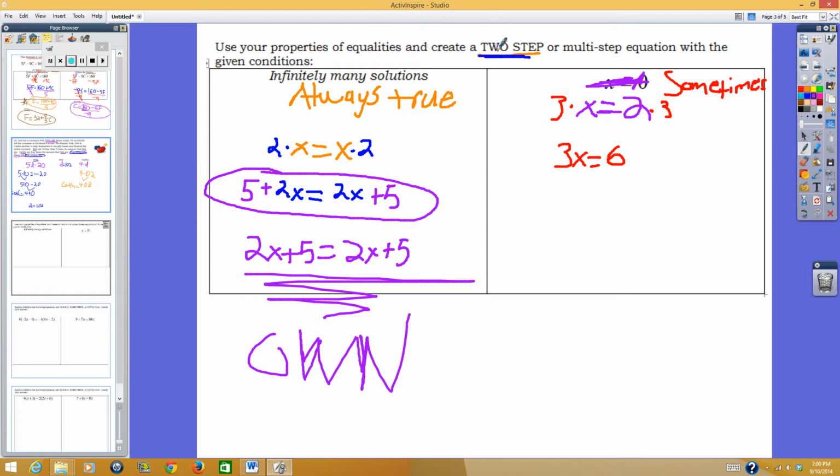Now let me make it a two-step equation by doing one more thing. I think the easiest thing is to just add something. So I'm going to add 4 to both sides. I can't combine this 4 and the 3x because they're two completely different things.